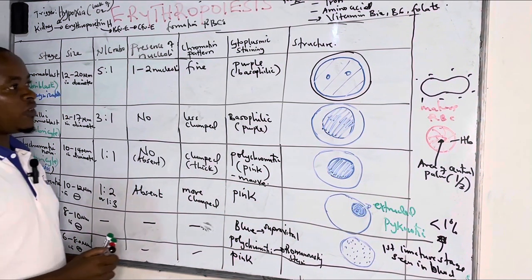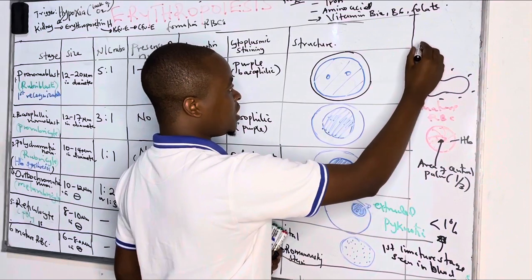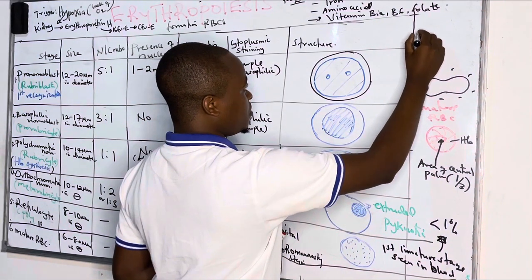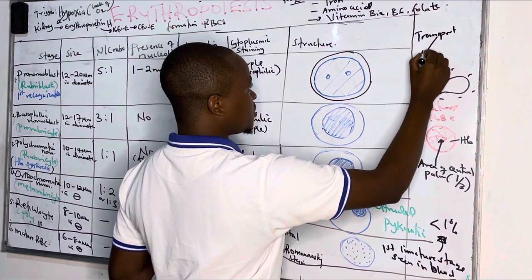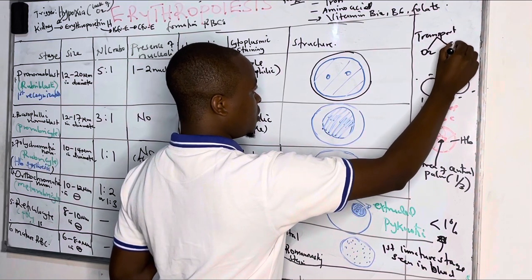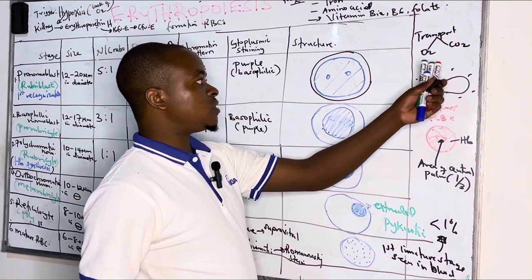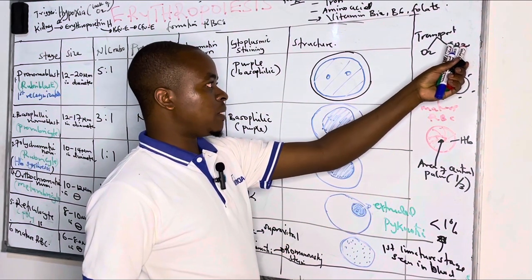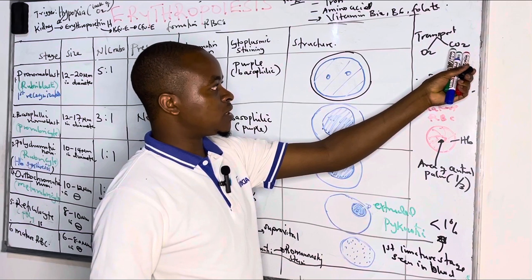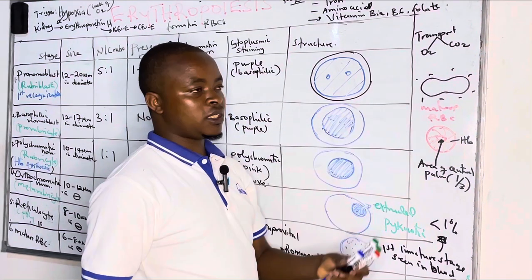And finally, the function of this red cell is majorly to transport. It contains hemoglobin, which transports oxygen and carbon dioxide. It transports oxygen from the lungs to respiring cells, then transports carbon dioxide from respiring tissues to the lungs for exhalation.